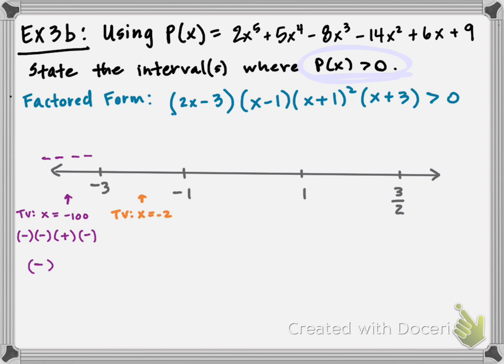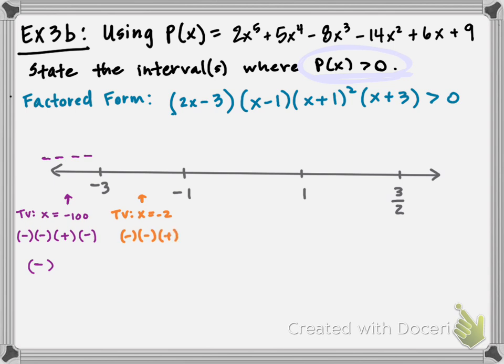Plug in negative 2 to these and let's write positives or negatives. Negative 2 times 2 is negative 4, minus 3 more, that's a negative number. Negative 2 minus 1 is a negative number. Negative 2 plus 1 is negative 1, but squared is positive.